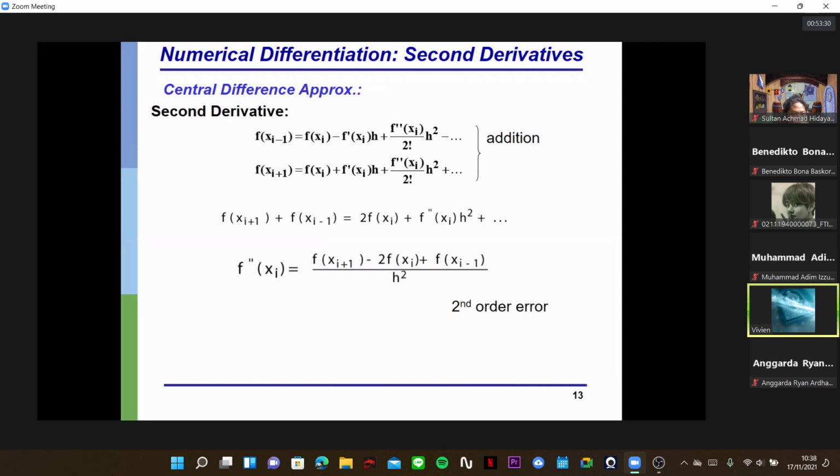For example, the easiest one that we have learned before: acceleration is actually the derivative of velocity in time. So that is a differential equation, an equation that contains derivative terms.